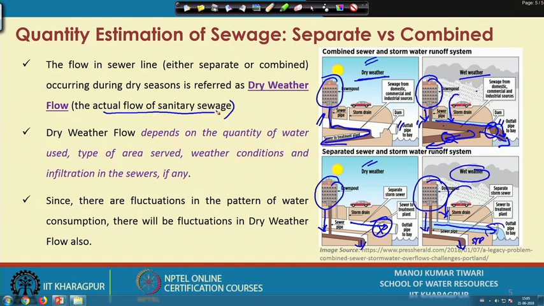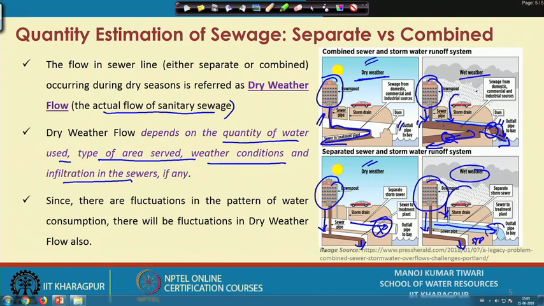This dry weather flow will depend on the quantity of water used, the type of area served, the weather conditions, and whether there is any infiltration in the sewer. Sewers are generally buried in the ground, so if you have any water storage on top, there could be leaking or infiltration through that.